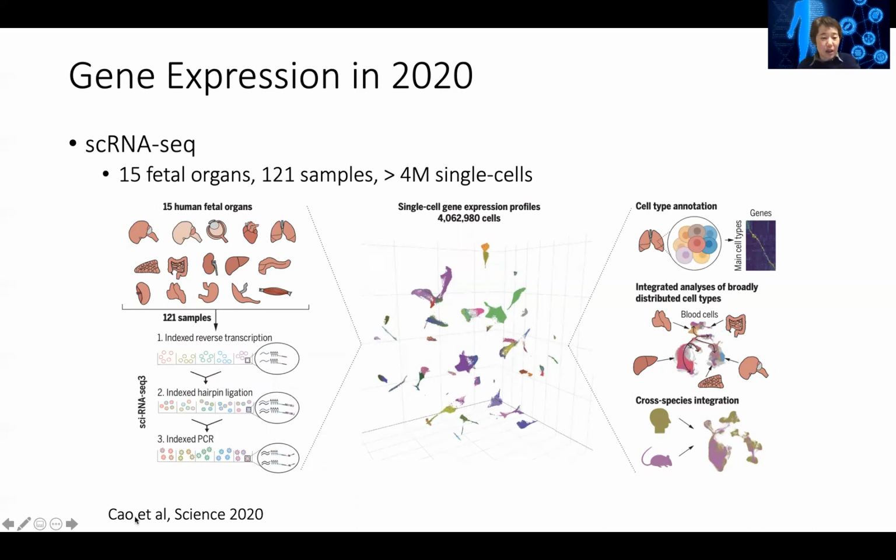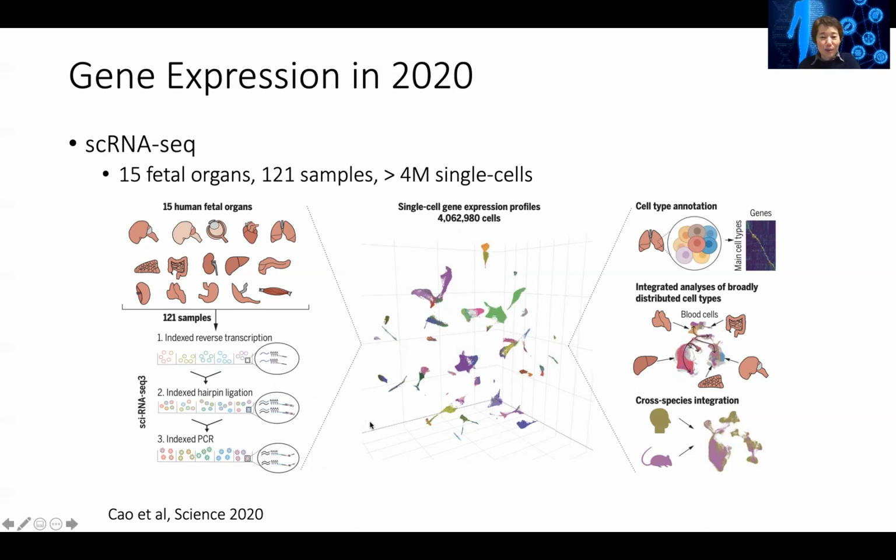And so this is a recent study that was published last year in Jay Shendure's lab at the University of Washington, where they took 15 different fetal organs and 121 different samples, and used a technique that they developed called sci-RNA-seq.